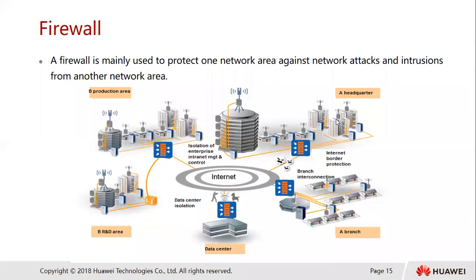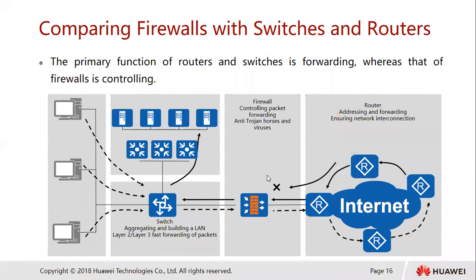So the headquarters is connected to all these through the internet, and the internet is a very dangerous area. So we can protect the headquarters and the branches by using the firewalls.